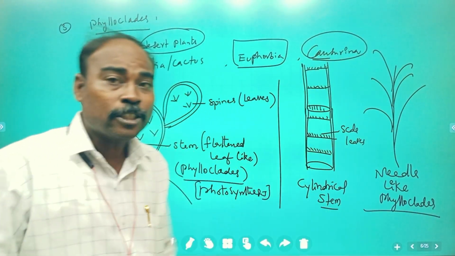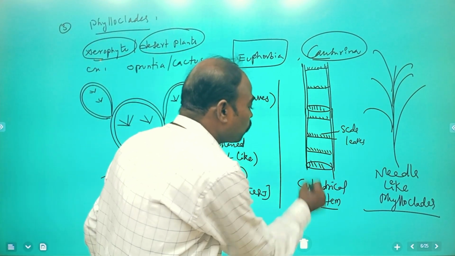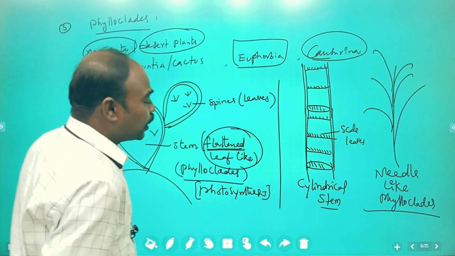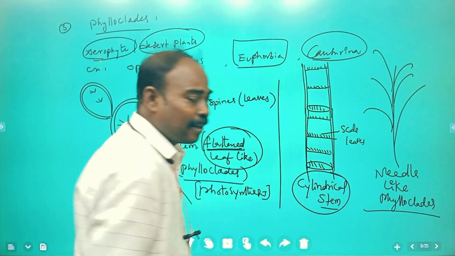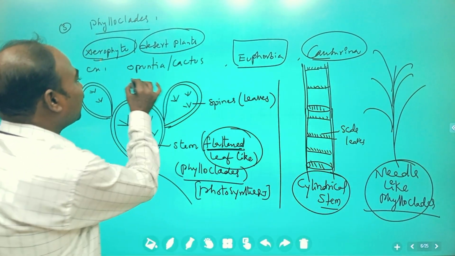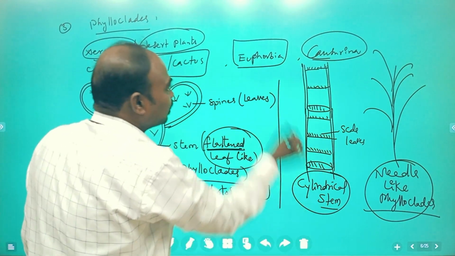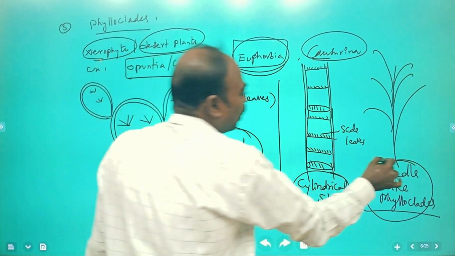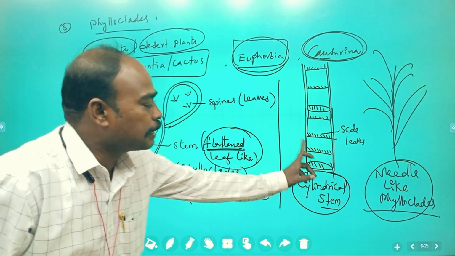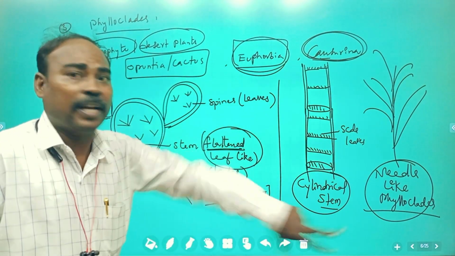So what is a phylloclade? The stem totally develops as a flattened green leaf-like structure or cylindrical green structures or needle-like green structures. Flattened structures are found in Opuntia or cactus. Cylindrical stems are found in Euphorbia. Needle-like stems are found in Casuarina. But these green stems perform photosynthesis instead of leaves.